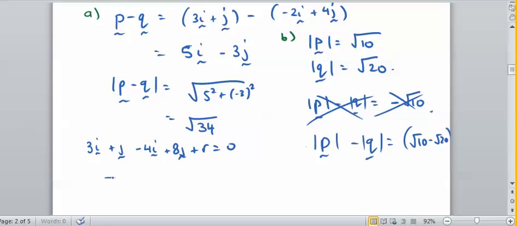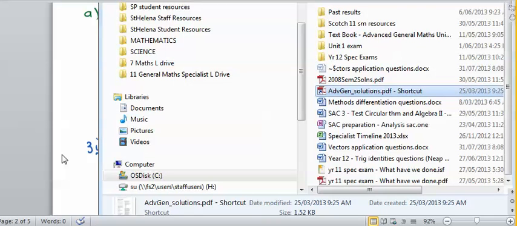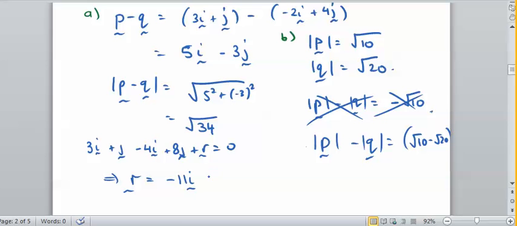So therefore we've got that R is equal to negative 11I minus 9J. Did you get R is equal to negative 11I minus 9J?